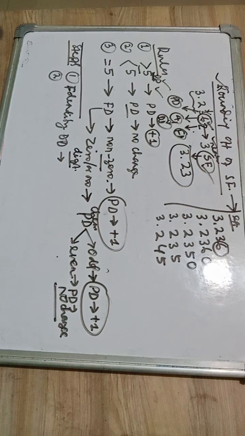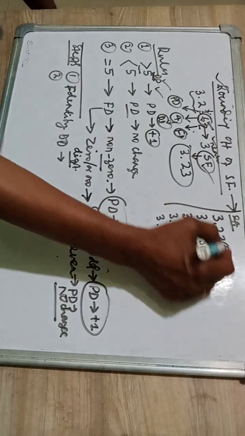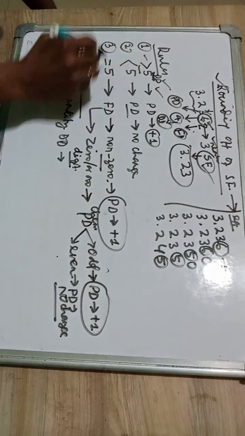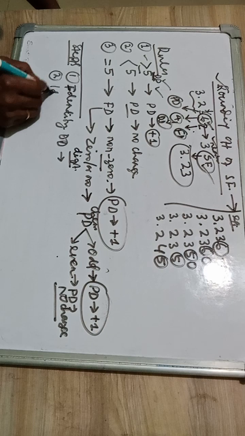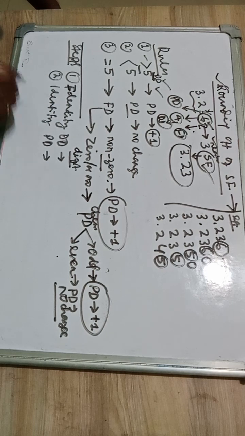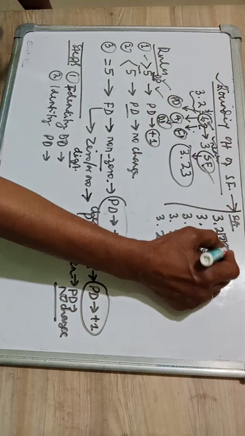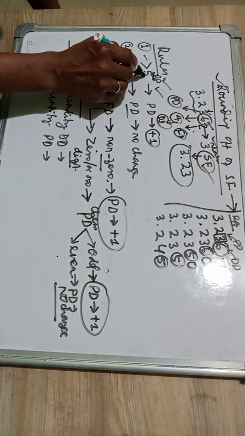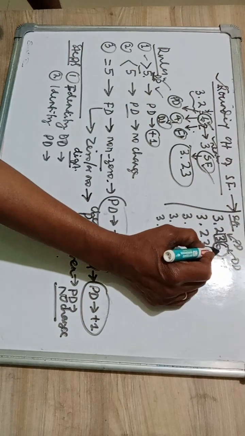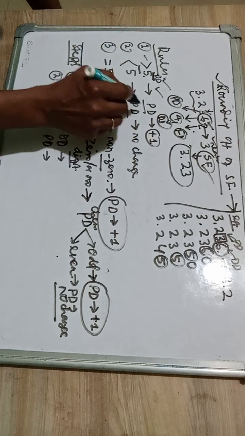Here the drop digit is 6, which is greater than 5. Then identify the previous digit, which here is 3. Rule says if the drop digit is greater than 5, the previous digit will be increased by 1.